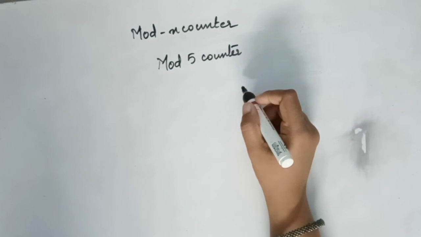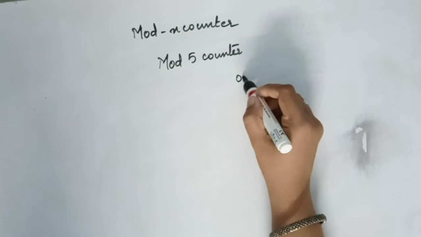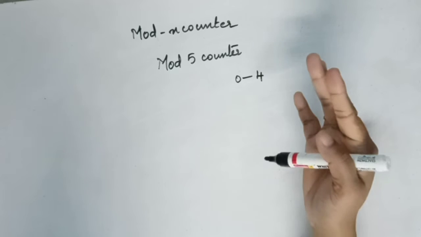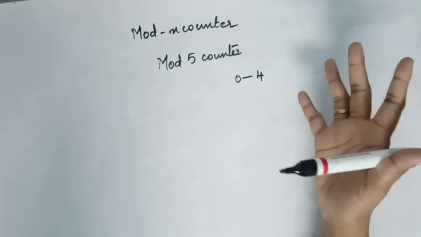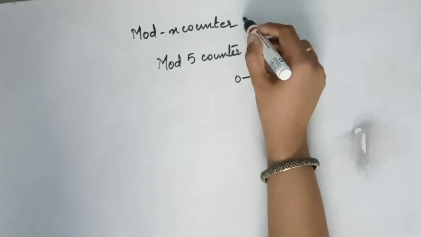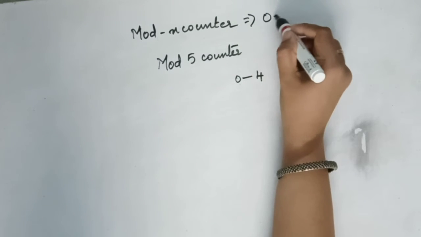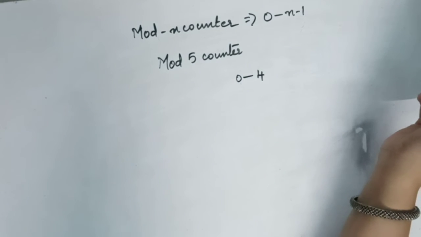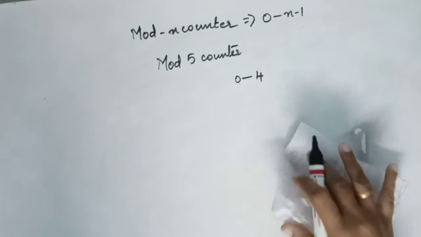A mode 5 counter will count from 0 to 4: 0, 1, 2, 3, 4. So there are 5 states. That is, a mode N counter will count from 0 to N minus 1.